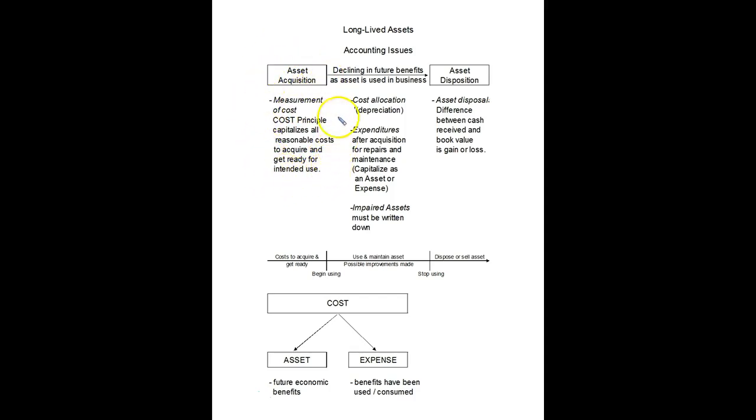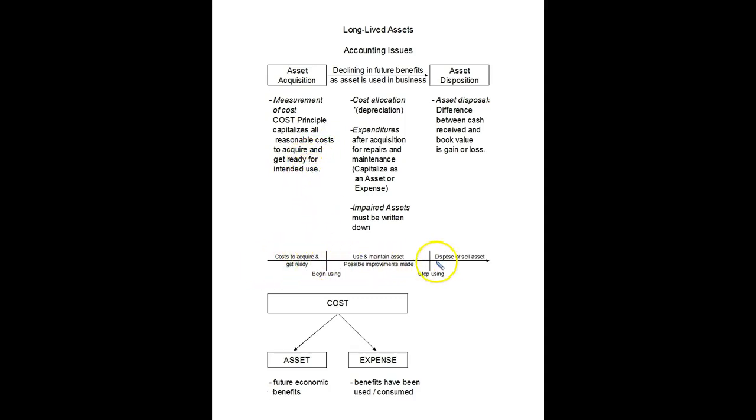First off, let's look at when we acquire the asset. When we acquire the asset, we apply the cost principle. This is the same concept that we studied when we looked at merchandise inventory. So we want to capitalize, which means debit an asset, all the reasonable costs to acquire an asset and get it ready for its intended use.